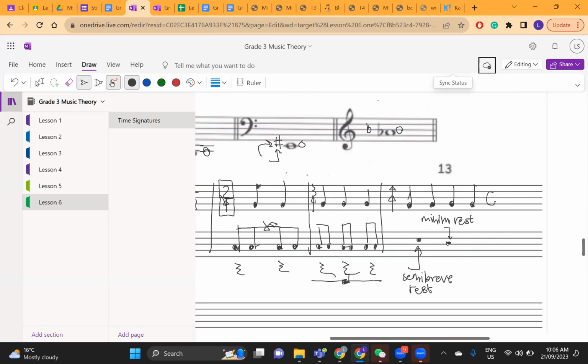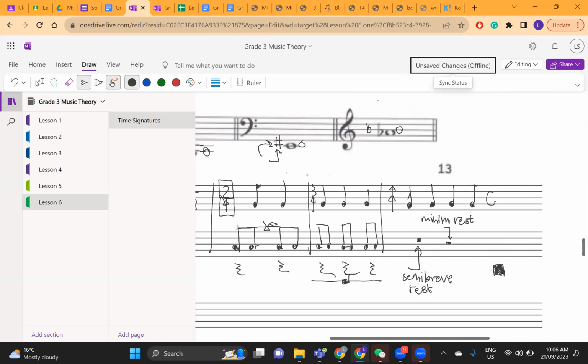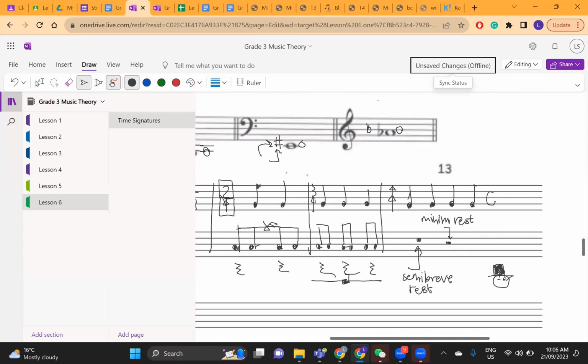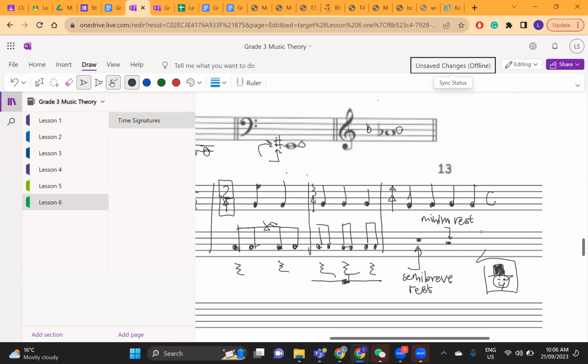There are very illogical ways of memorizing it, none of which I like. A very illogical way is that the minim rest looks like a top hat, and there is a person with two eyes under it, and therefore it is a two beats rest.